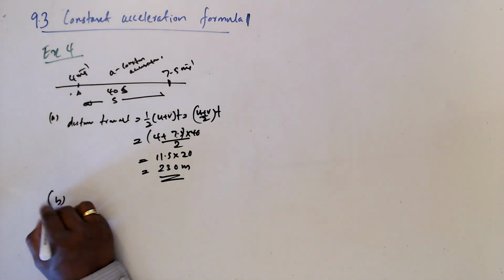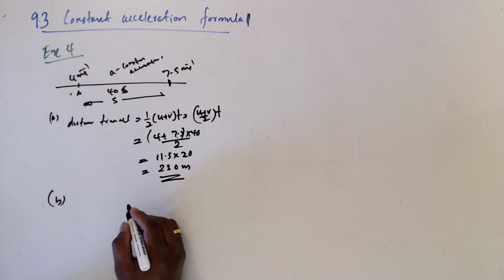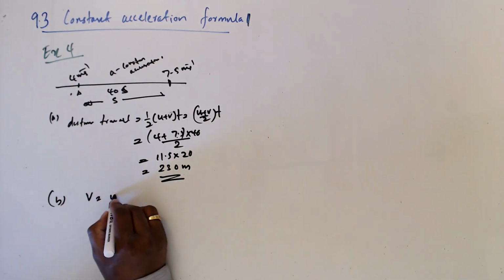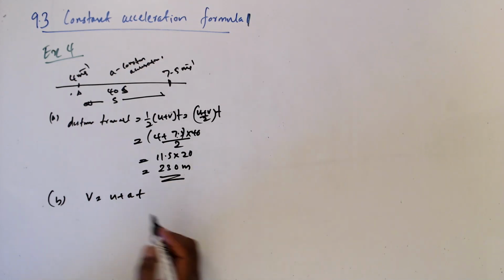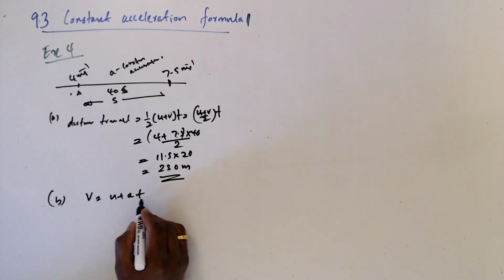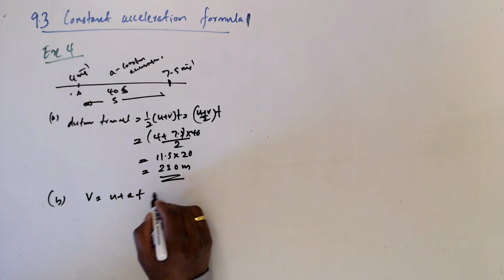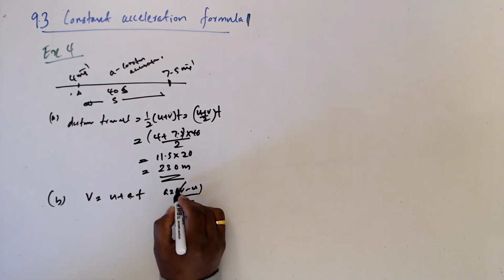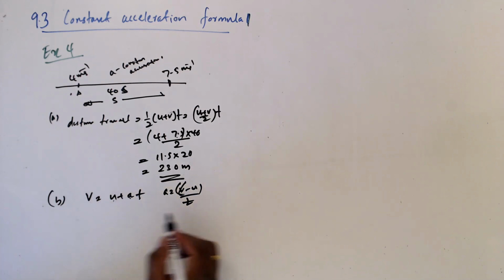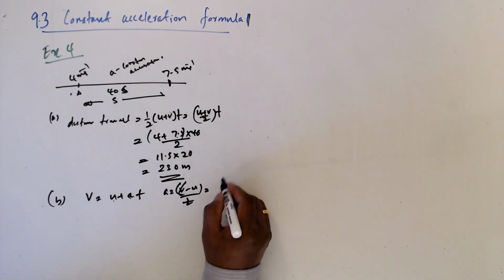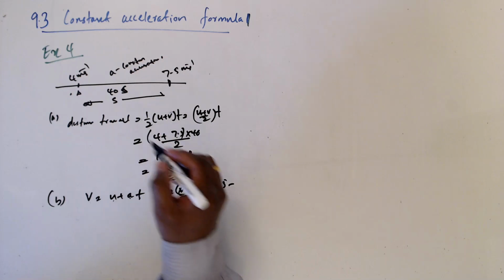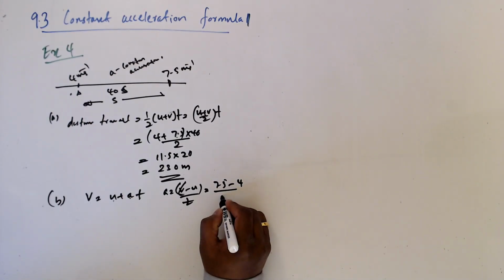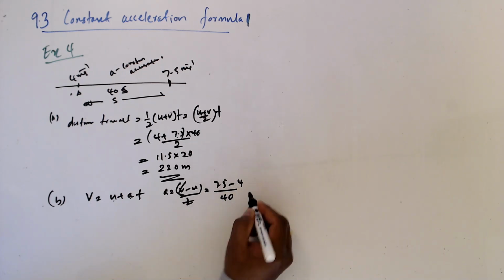And part B, her acceleration in the 40 seconds. The other equation is v equals u plus at. So in another way, a is v minus u divided by t. So v is 7.5 minus u is 4, divided by t which is 40.